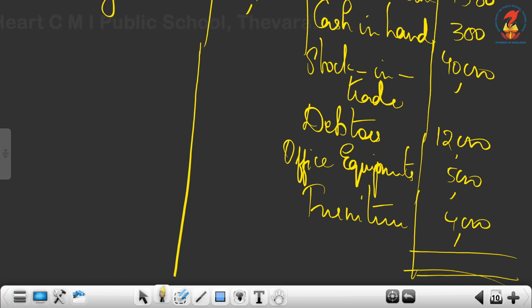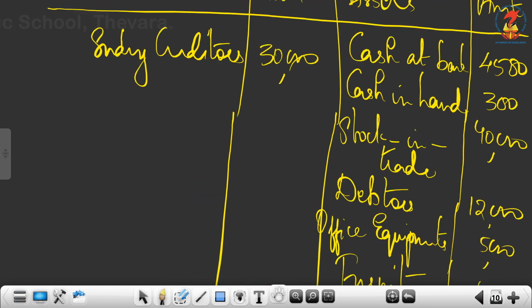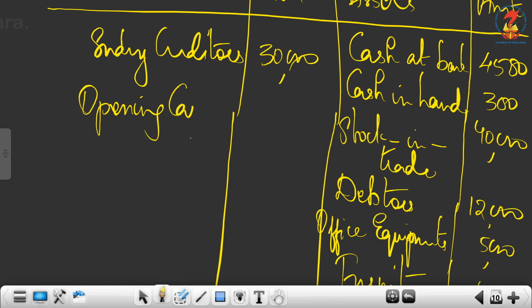Now we can just balance the account. So we'll get the value of opening capital. That is 35,800.